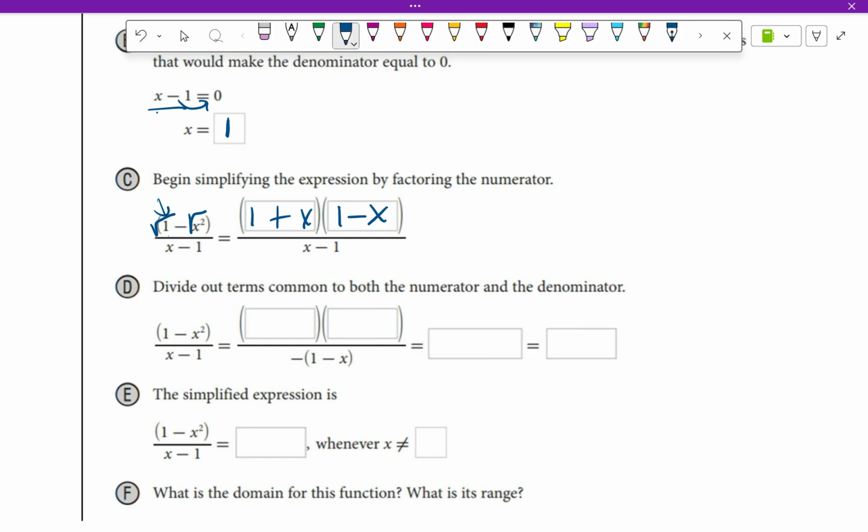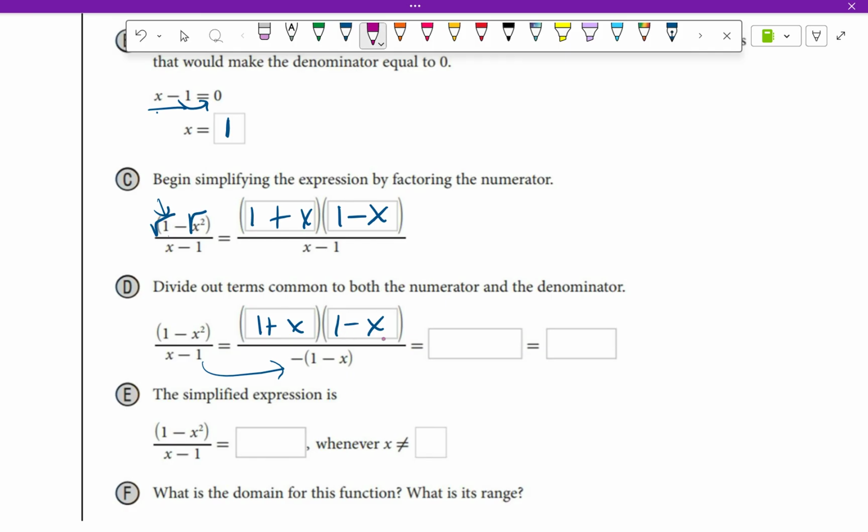Okay, then the next thing I would do, it says divide out terms common to both the numerator and the denominator. They did something goofy here. All right, so they kept this. Do you see how they pulled out a negative 1 out of this and they flipped the signs? They did that, so what happens next?